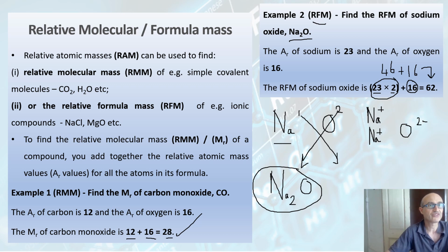In other words, the relative formula mass of sodium oxide is 62, and it shows us that sodium oxide will weigh 62 times as much as 1/12 of carbon-12, or as much as an atom of hydrogen. Let's now go on to the next slide.